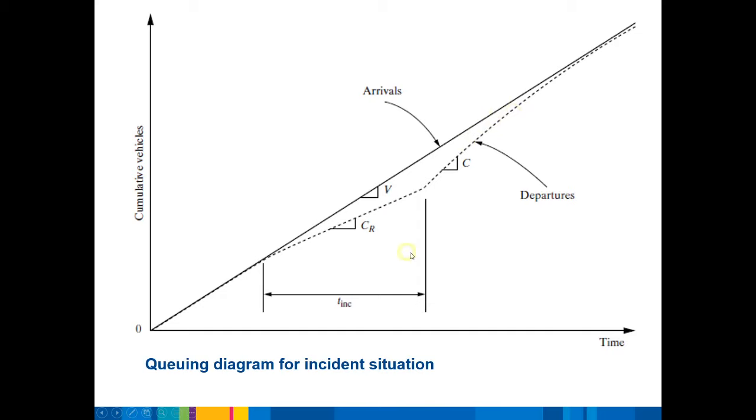And we can see what the total duration of the queue is by looking not only at the time of the incident, but how long it takes for the line at gradient C to catch up with the line at gradient V. So looking again at this graph, we're able to surmise just a few basic geometry formulas, looking at the areas of the different triangles on here, and we can work out how to calculate the time for the total queue to clear, the delay to an individual driver in the queue, and so on.